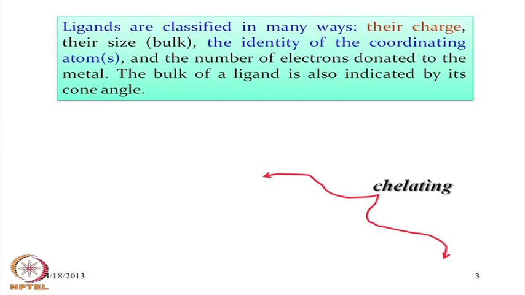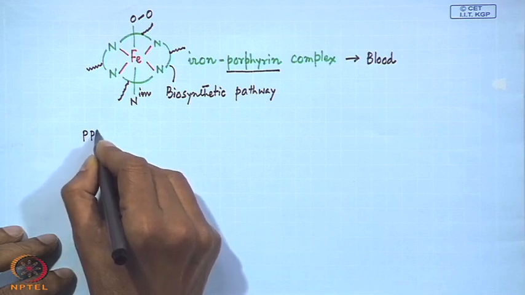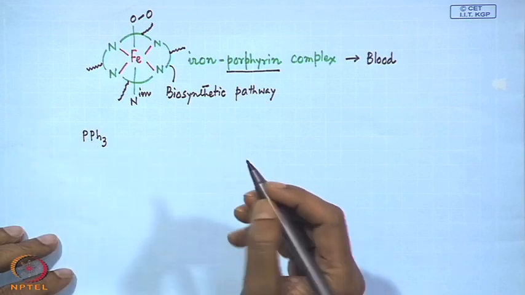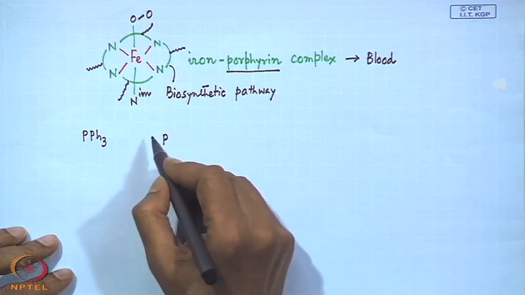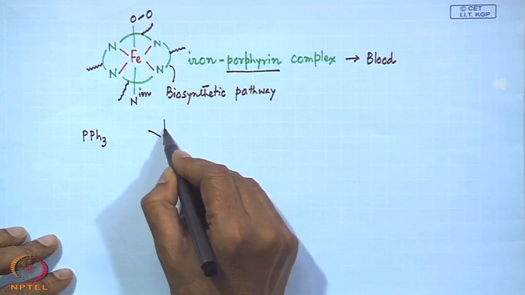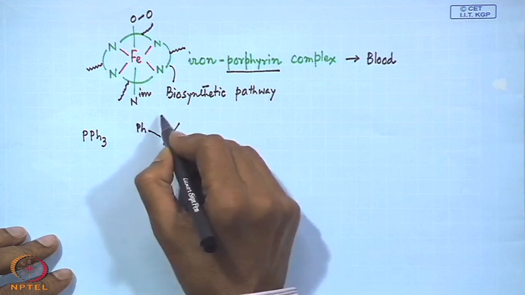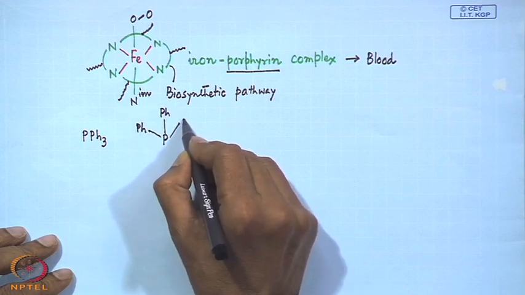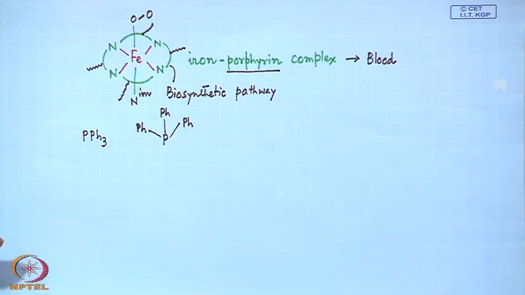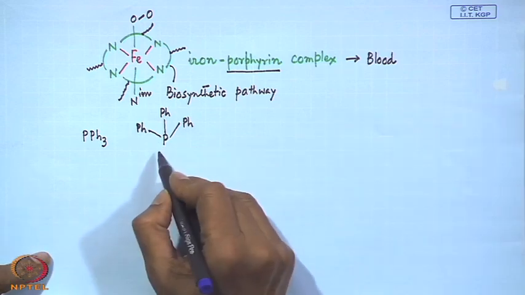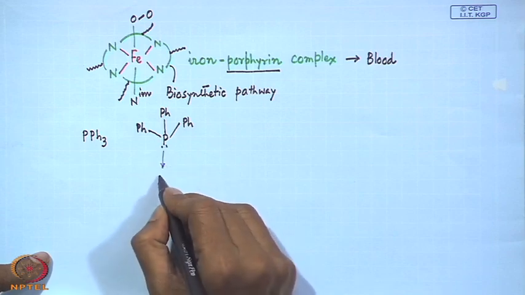In some catalytic reactions, one such good ligand is triphenylphosphine. So, phosphorus is there, like ammonia, with 3 phenyl rings attached to this phosphorus, and the phosphorus lone pair is being donated to the metal center.